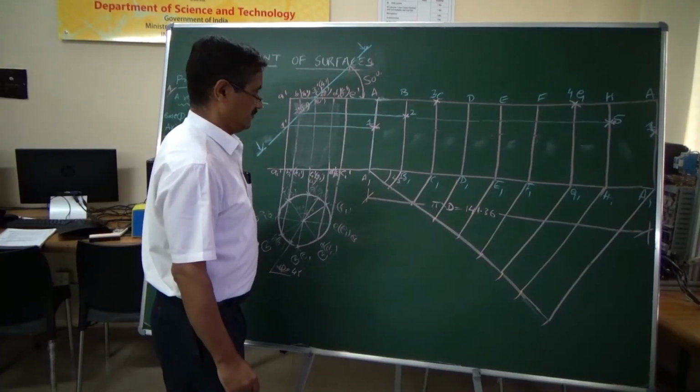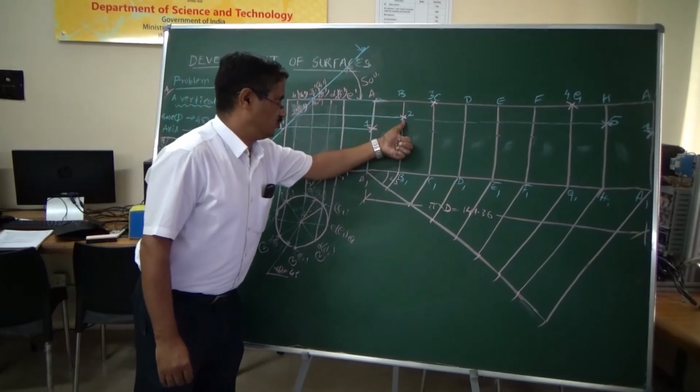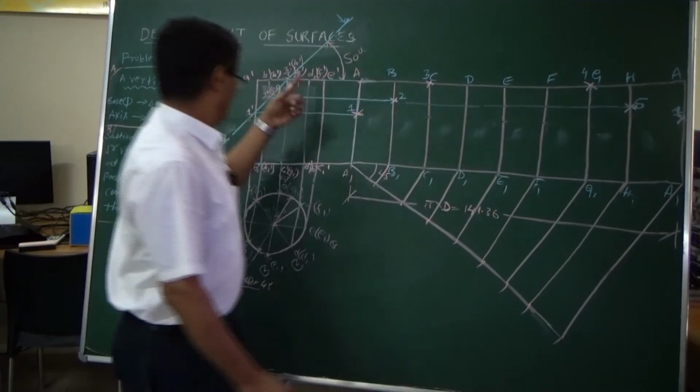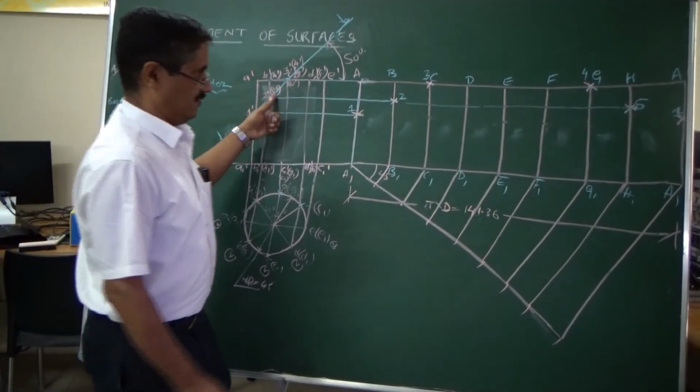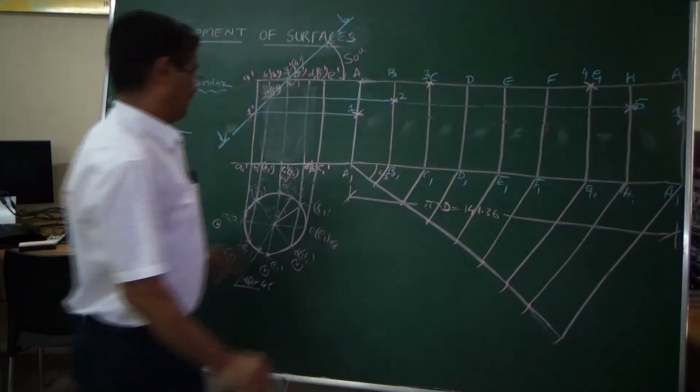Okay? Yes. Now the points are 1, 2, 3. 3 is this point, and on that side 4, 5. So 1, 4, 5. Okay.